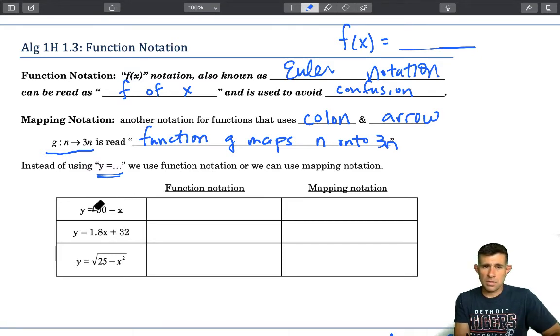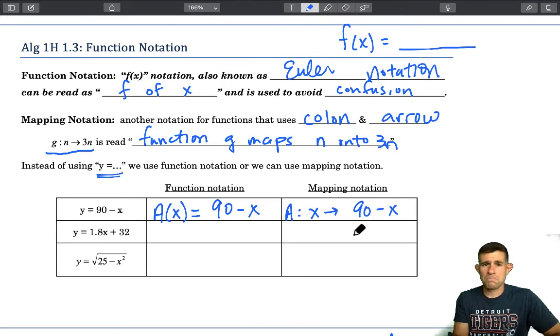Here's an example equation: y equals 90 minus x. This equation can be used to find the complement of an angle. Well, we can change that to function notation, such as using the letter a: a of x is equal to 90 minus x. There's an example of function notation. The equivalent mapping notation would read a colon x arrow 90 minus x.